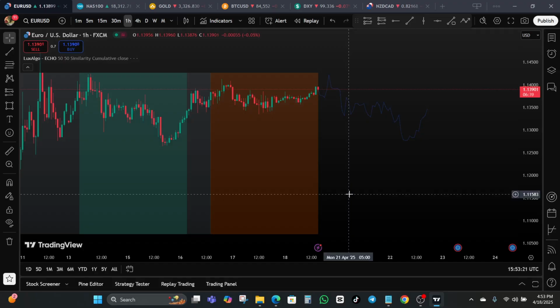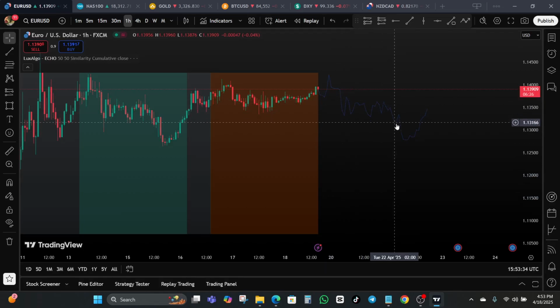Think of it like holding a mirror up to the market's history and using that reflection to gauge upcoming moves. It overlays a prediction path on your chart, allowing you to visually track how similar patterns played out before and how they might play out again.